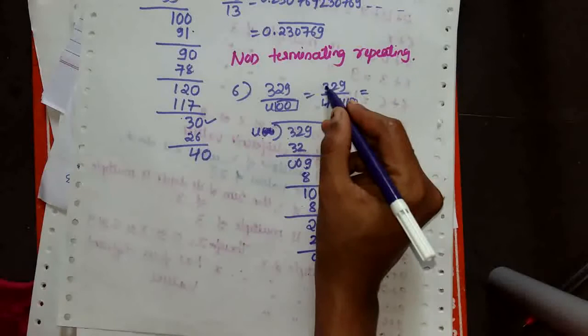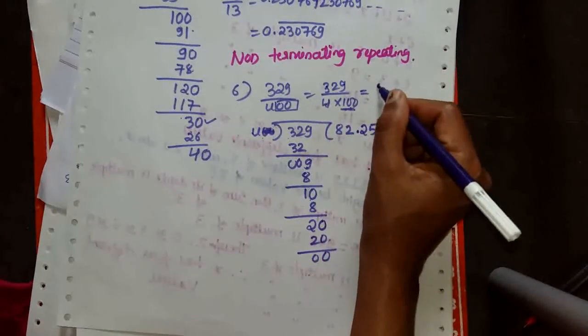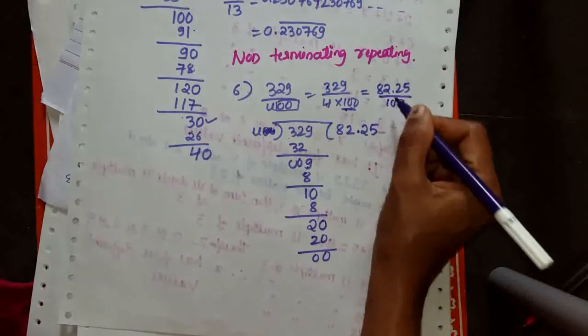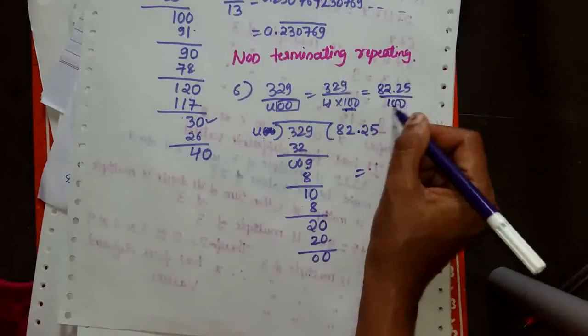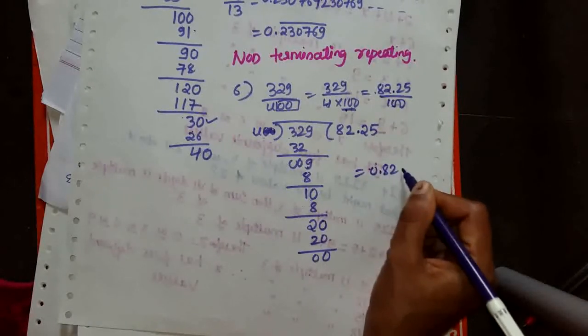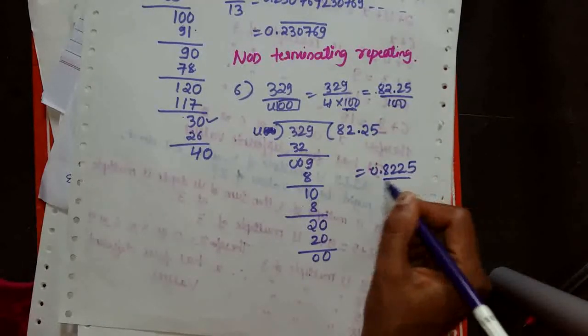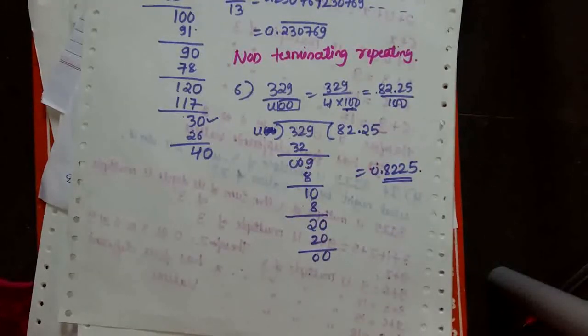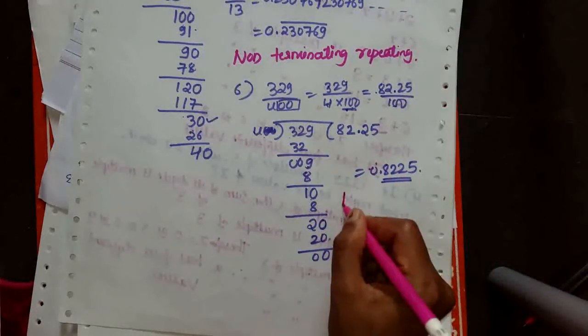So 329 by 4 is 82.25, and with the 100 here, we write the point, so the value is 0.8225. So this is terminating and not repeating.